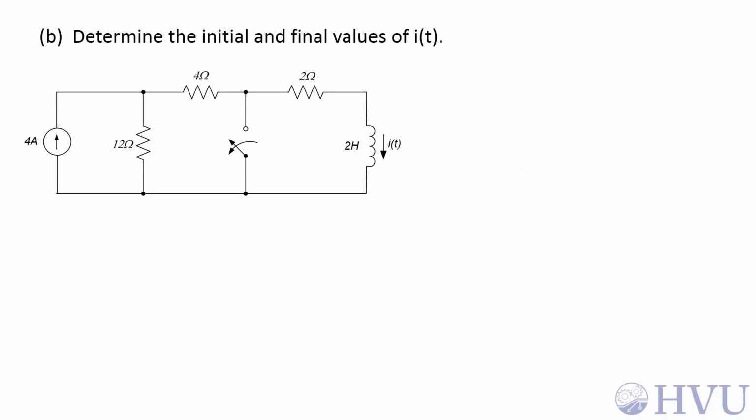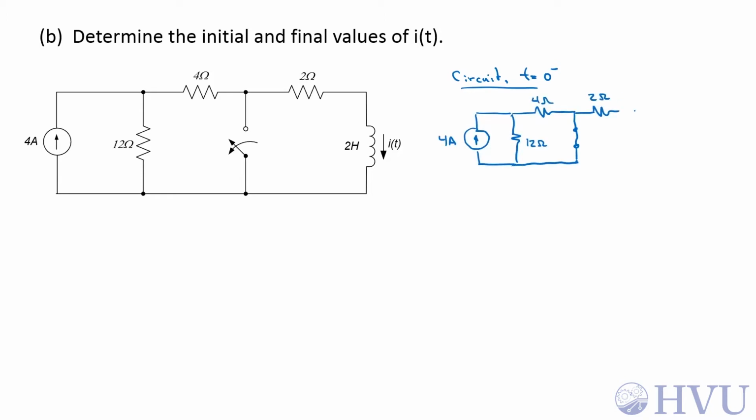Now we need to find initial and final values of I of t. For the initial value, we're going to rely on the fact that an inductor can't change its current instantaneously. So let's take a look at the circuit at t equals 0 minus, just before that switch opens. While the switch is closed, this is a short circuit, a 2 ohm resistor, and the inductor looks like a short circuit as long as this switch has been closed for a long time.